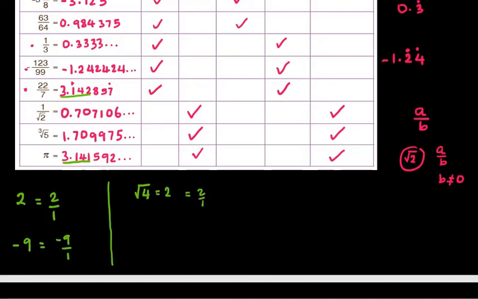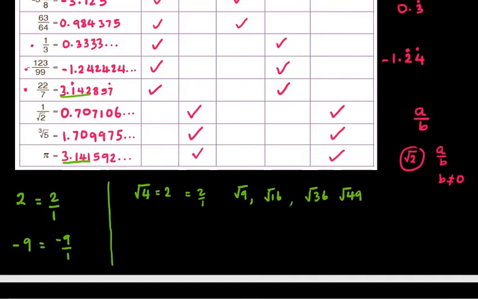So that's why the square root of 4 is a rational number. In other words, all square roots of perfect squares are rational numbers. Let's say square root of 9, square root of 16, square root of 36. All of these are rational numbers.